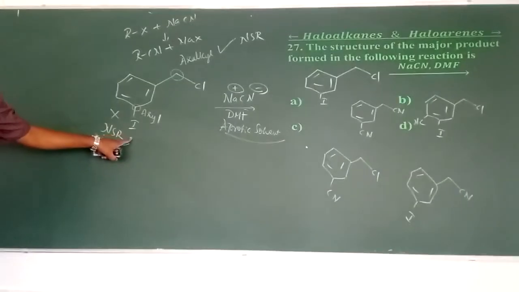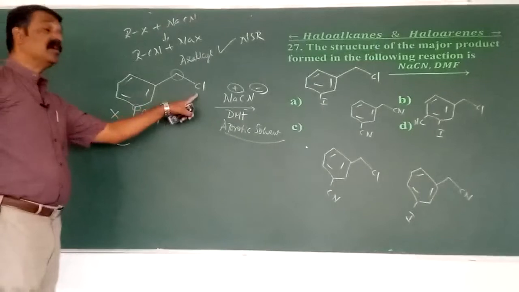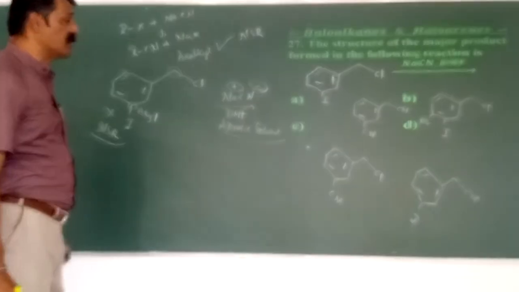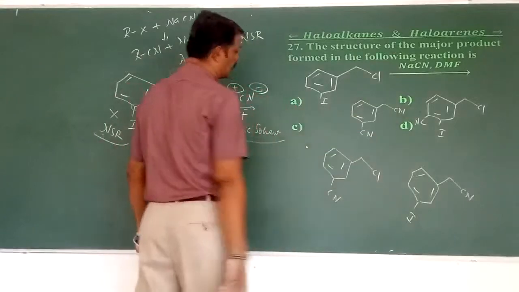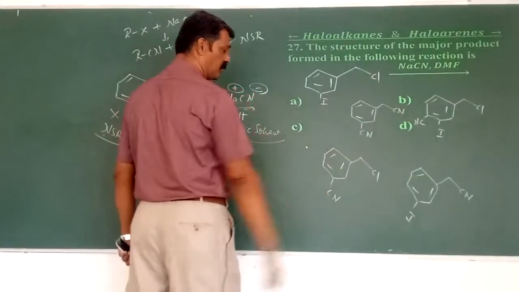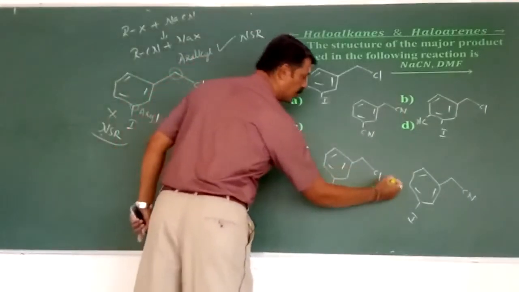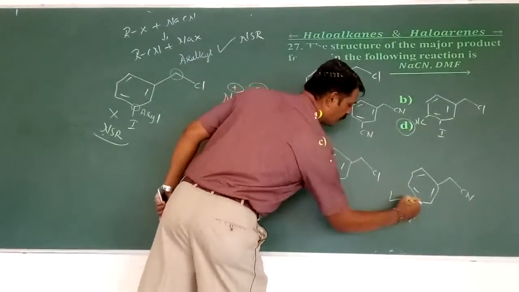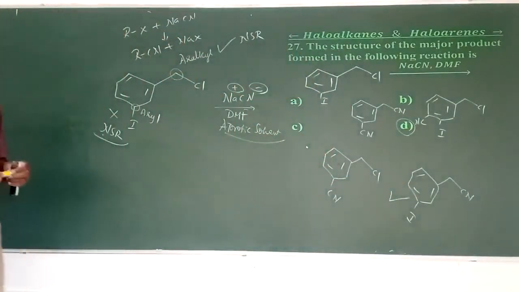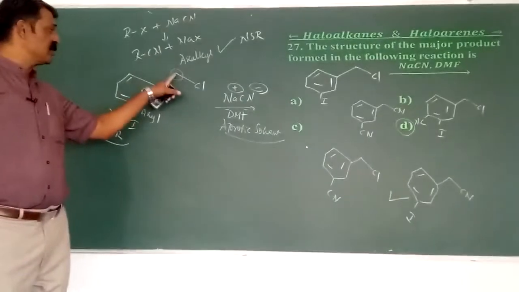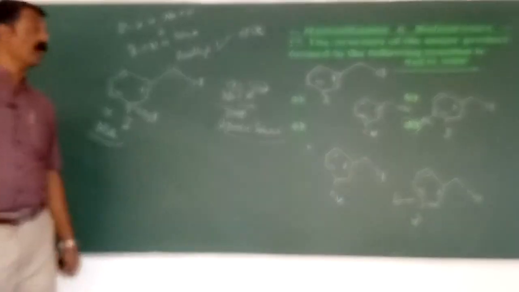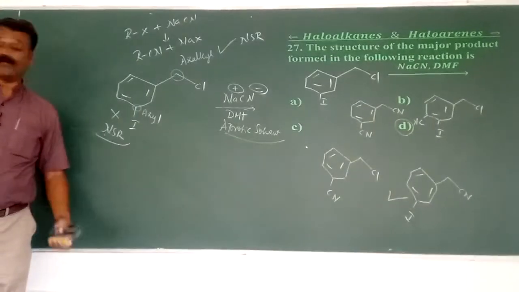There is no attachment of cyanide here because it is an aryl group, only the alkyl. Both cyanides being present is not possible. Therefore it is D. Means we are having the benzene with side chain CH2CN along with the retaining of the iodine. Okay, that is 27 in the form of D.